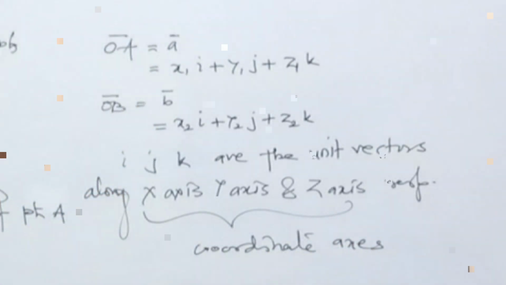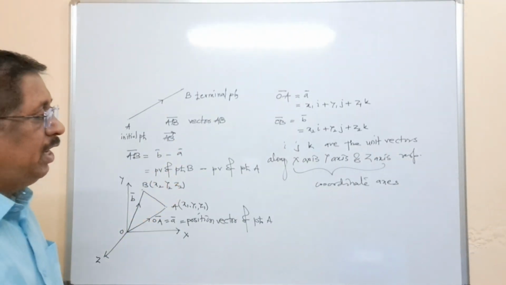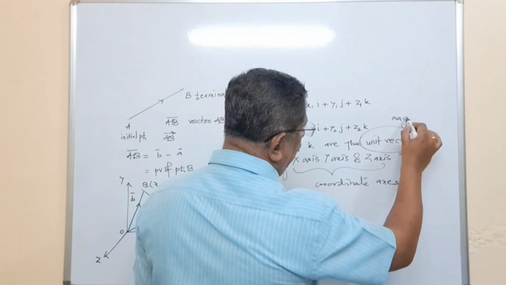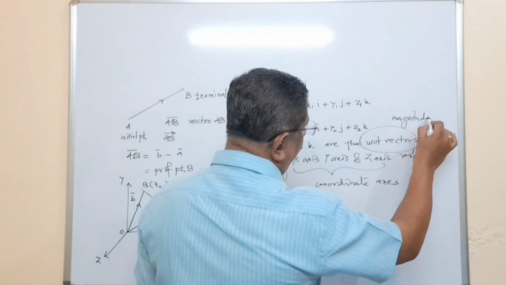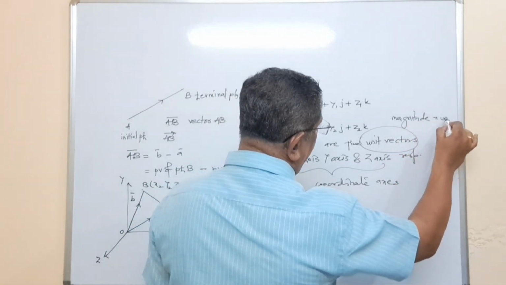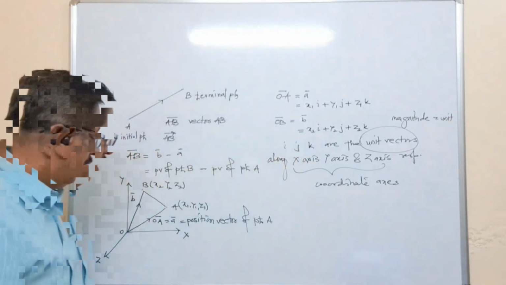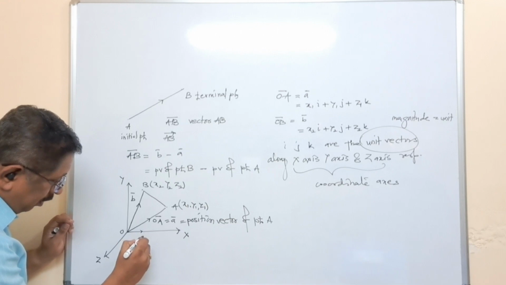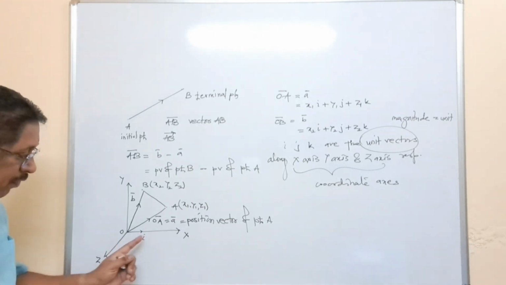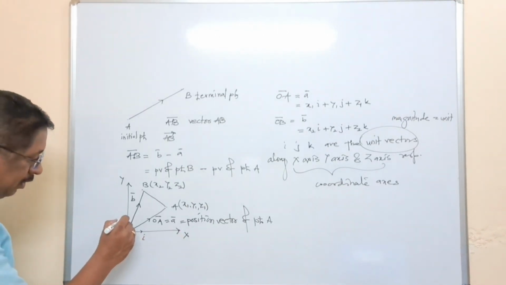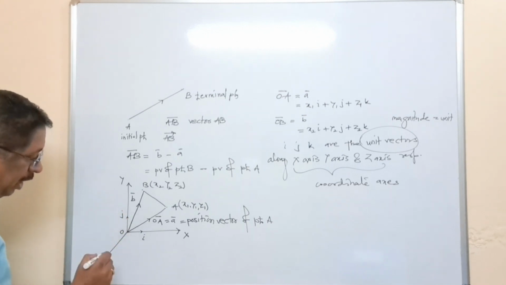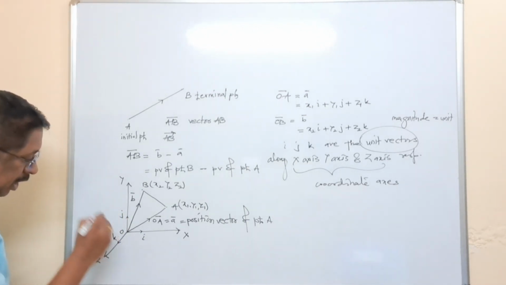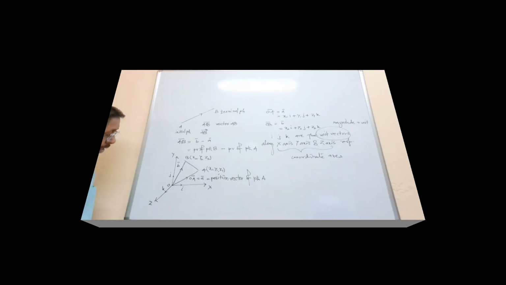Okay. i, j, k are the unit vectors. It means the vectors whose magnitude is 1 unit. Obviously, i will be related with x-axis, j will be related with y-axis and k will be related with z-axis.